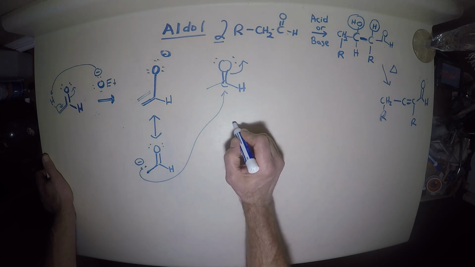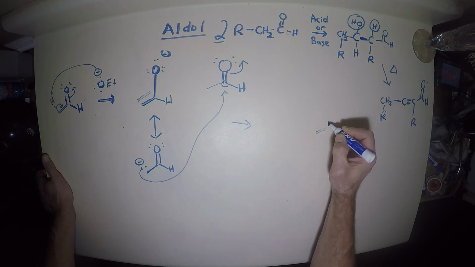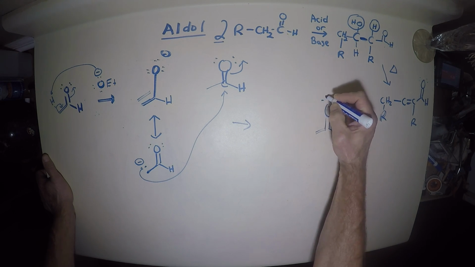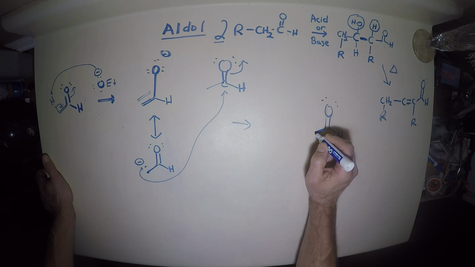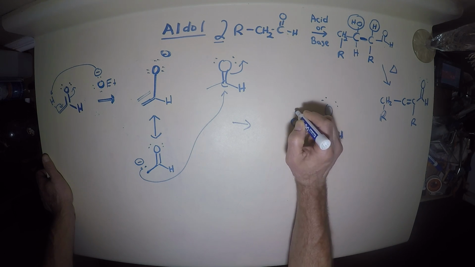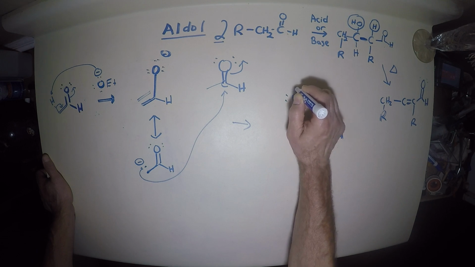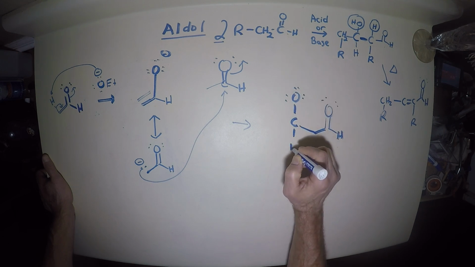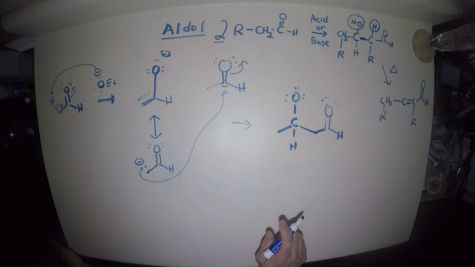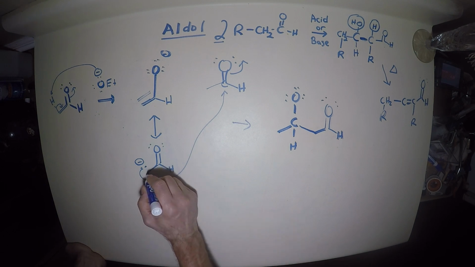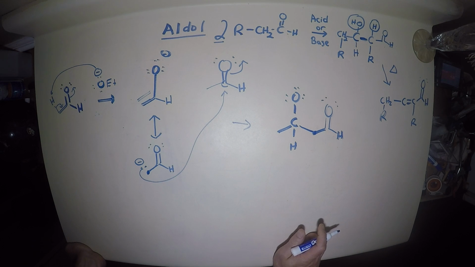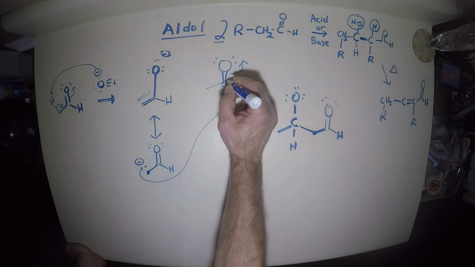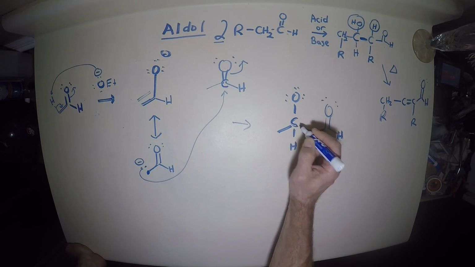And the resulting species then would look like that, where this carbon is that one, and again that's the alpha carbon that we've connected to the carbonyl carbon.